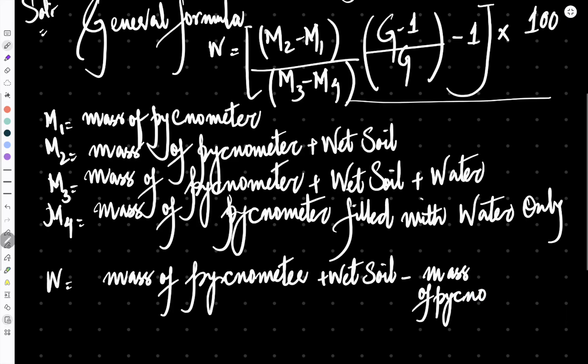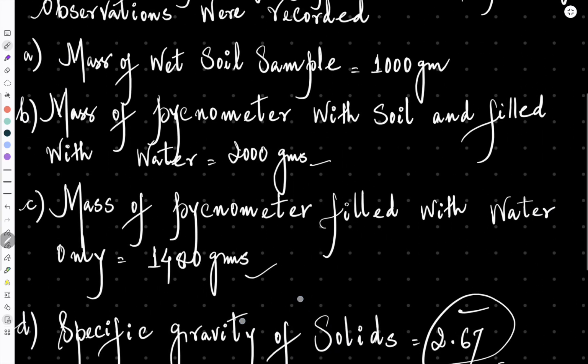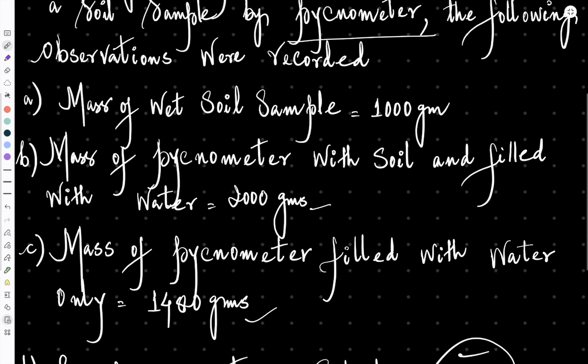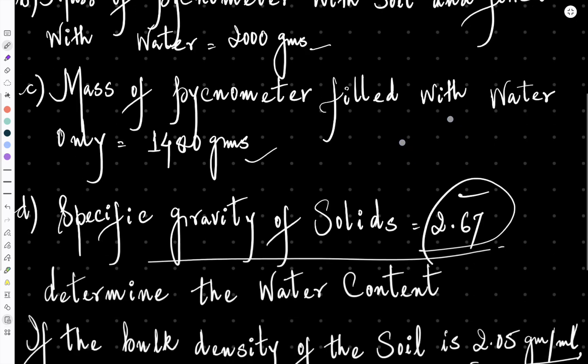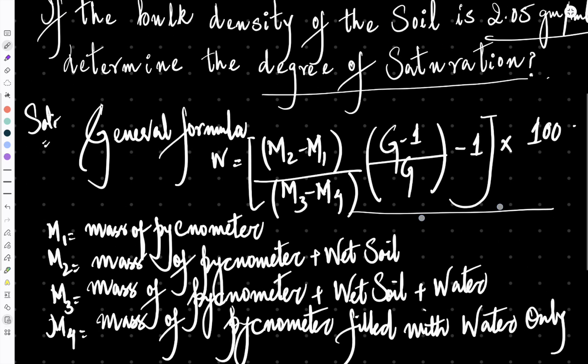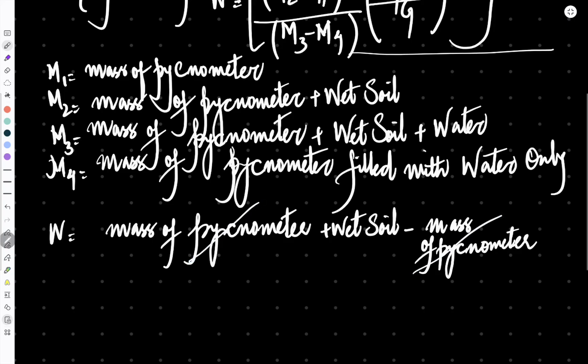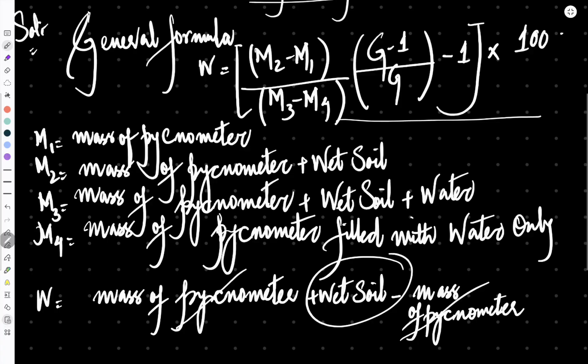But in this question, we have not been given the mass of the empty pycnometer, but rather the mass of wet soil sample as 1000 grams. So in this term M2 minus M1, the pycnometer mass cancels out, and we are only left with the mass of wet soil sample, so I'll just substitute 1000 grams in this numerator.